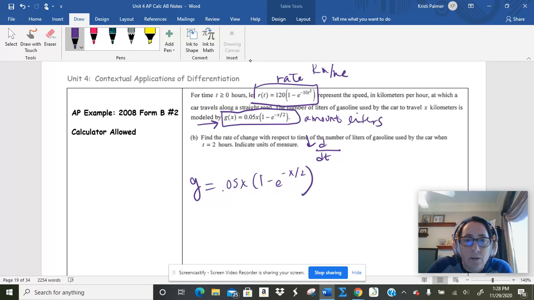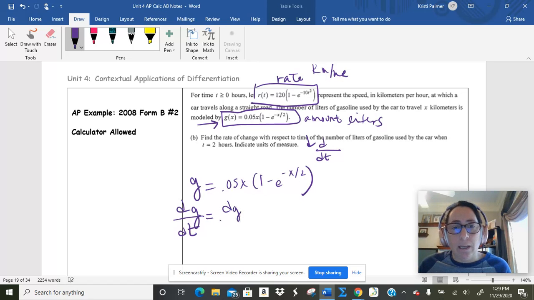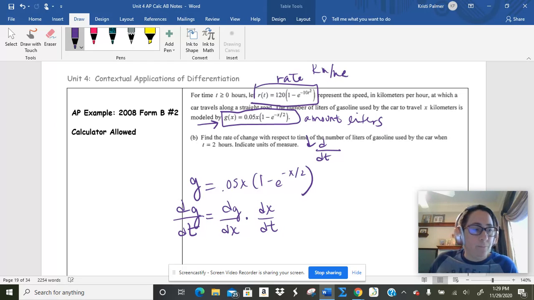Okay, so it wants it with respect to time. So dg over dt, and this is crazy because we've also got x's going on. So this is going to be a little trick that I'm just going to talk you through. We are going to rewrite this like this guy right here. Okay?